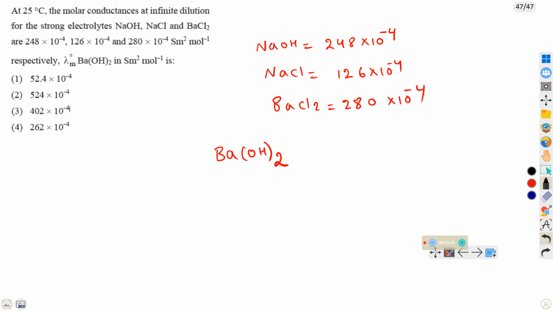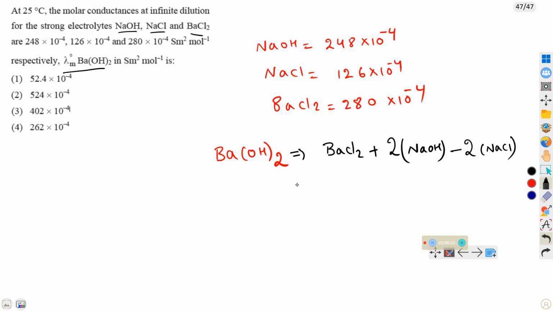At 25 degrees Celsius, the molar conductances at infinite dilution for the strong electrolytes NaOH, NaCl and BaCl2 are given. Calculate molar conductivity of Ba(OH)2. According to Kohlrausch law, molar conductivity of Ba(OH)2 equals molar conductivity of BaCl2 plus 2 into molar conductivity of NaOH minus 2 into molar conductivity of NaCl.